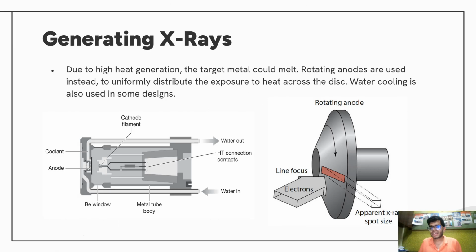Because the anode rotates, when electrons strike a different part of it, the anode gets some time to cool off, and in the meantime the electrons strike a different part of the anode. So the heat is uniformly distributed across the whole surface of the anode, which overcomes the issue of melting. We can also use different cooling techniques like water cooling to cool off the anode and make the process more efficient.